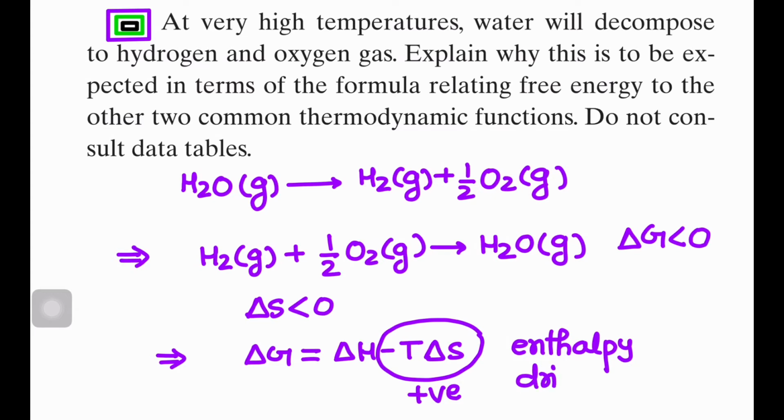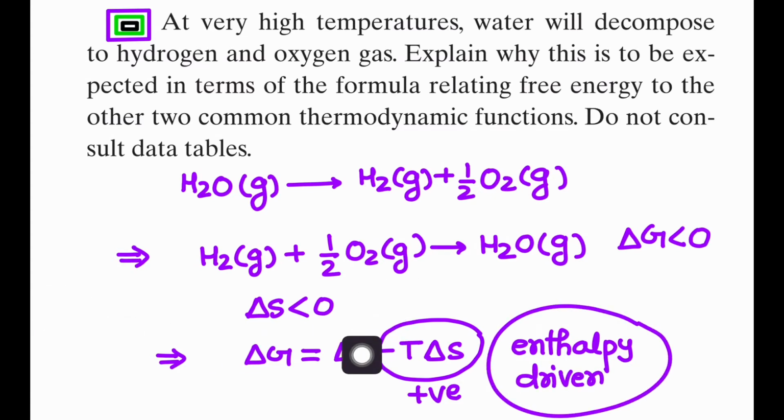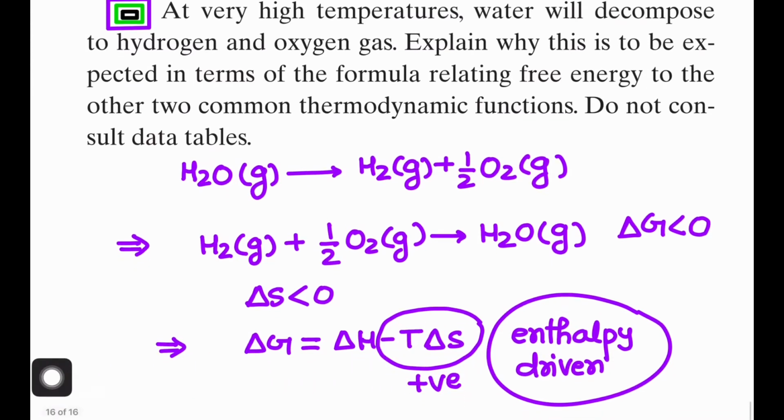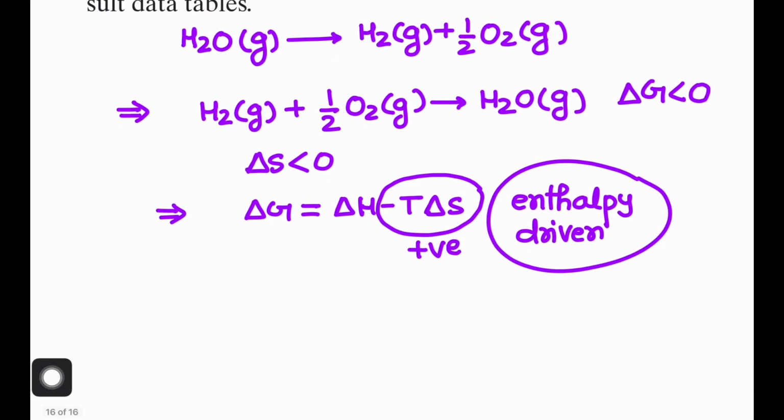Because it is an exothermic reaction, it is spontaneous, because delta S is favoring non-spontaneity. Clear?